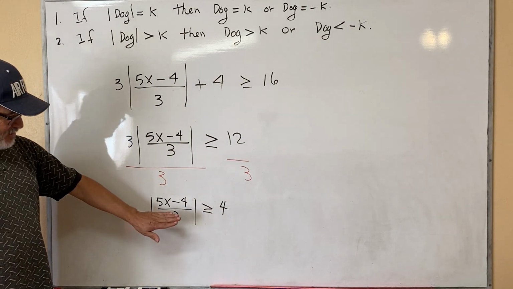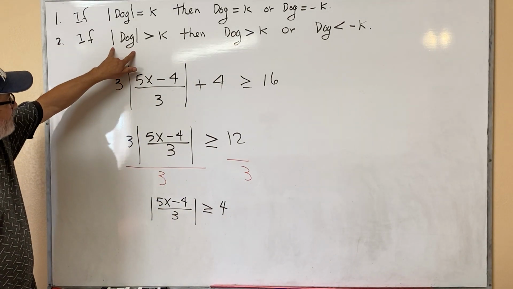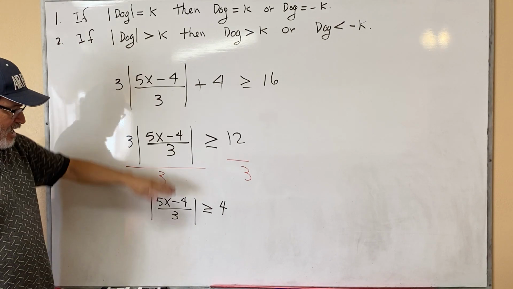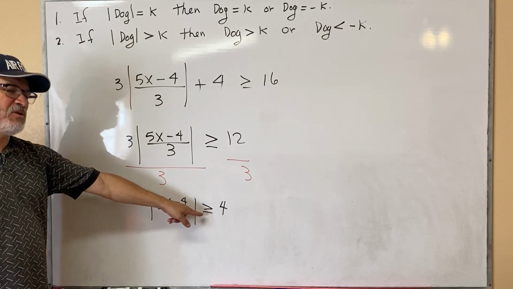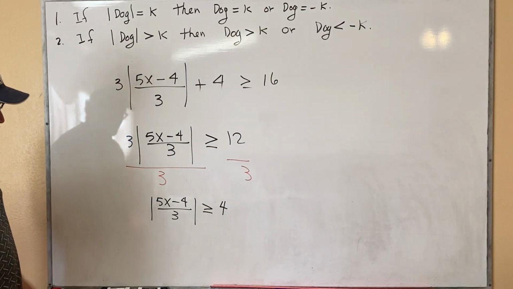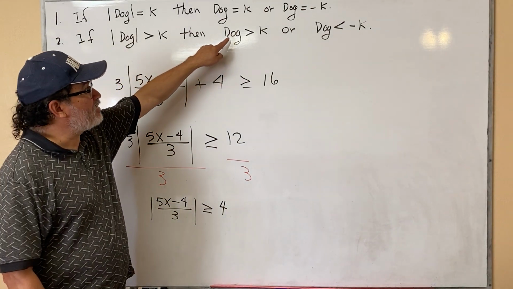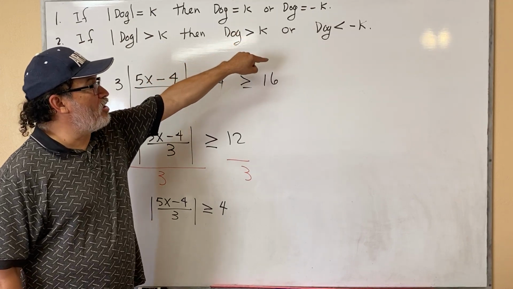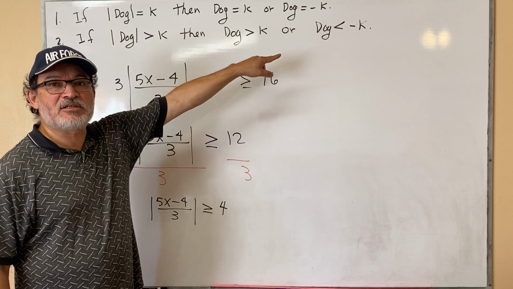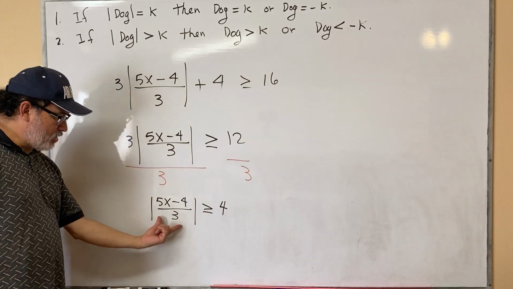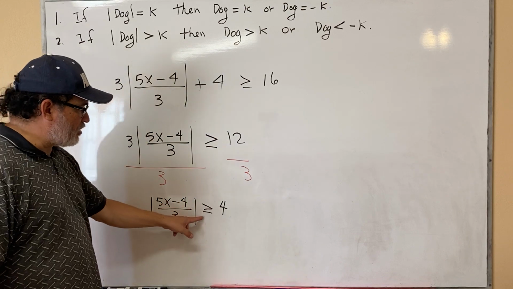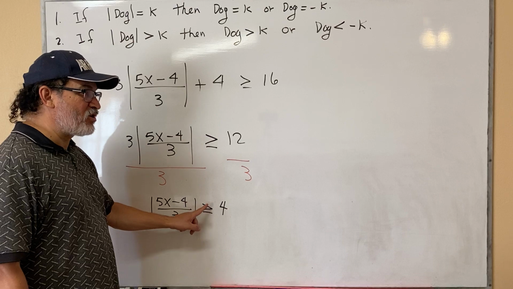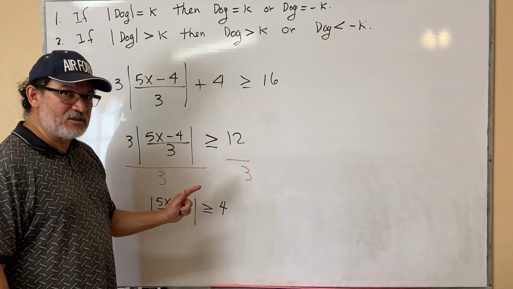Okay. Now I have this case. Look, the absolute value is greater than or equal to a constant. Okay. Let's bring the dog out. The dog is greater than or equal to the constant, or the dog is less than or equal to the negative of the constant.